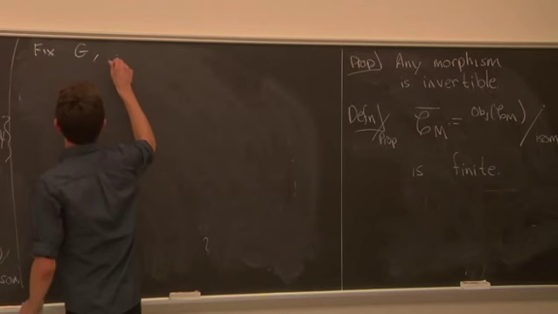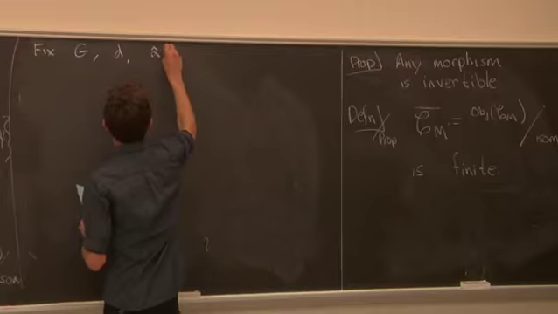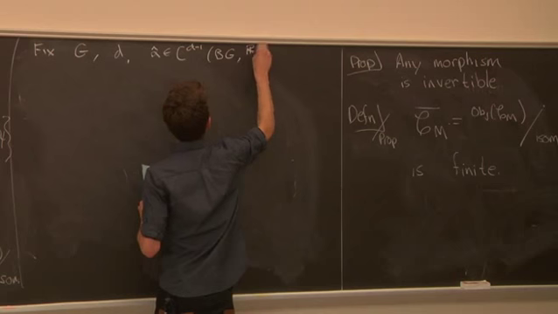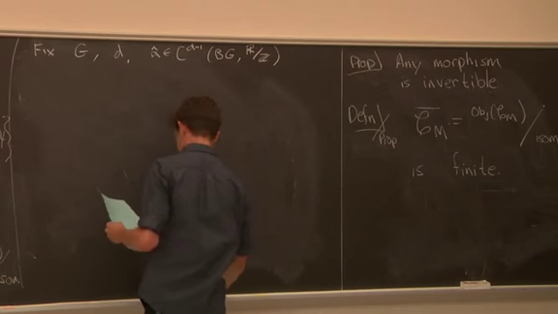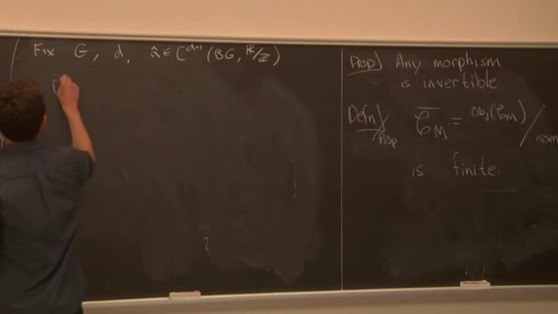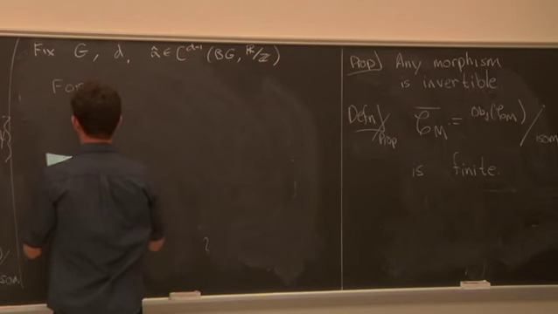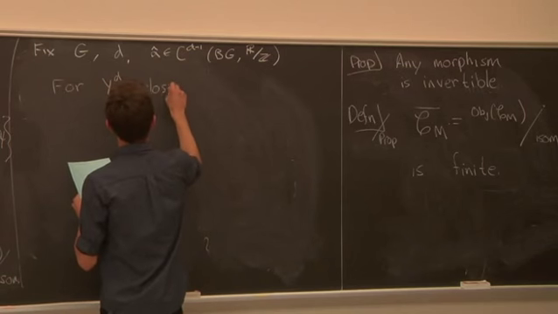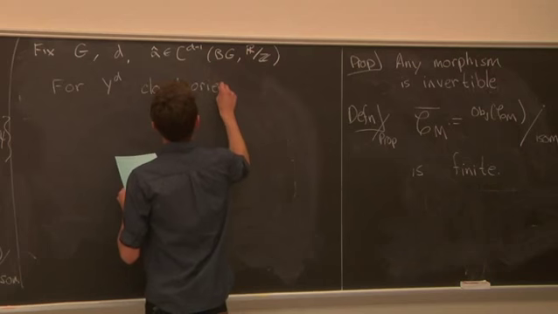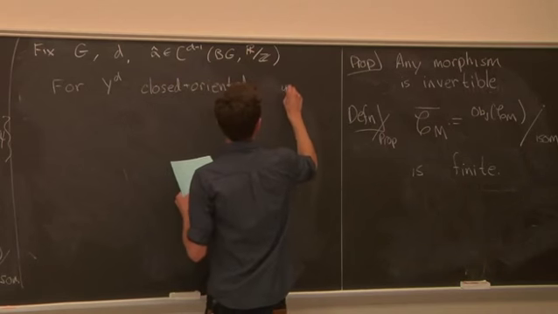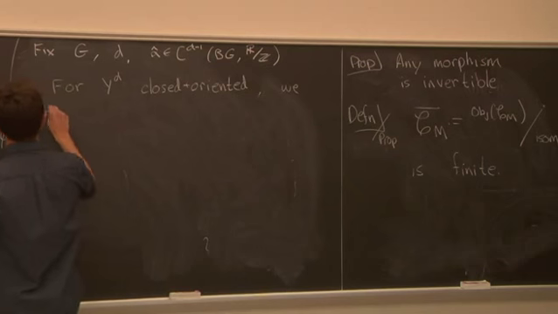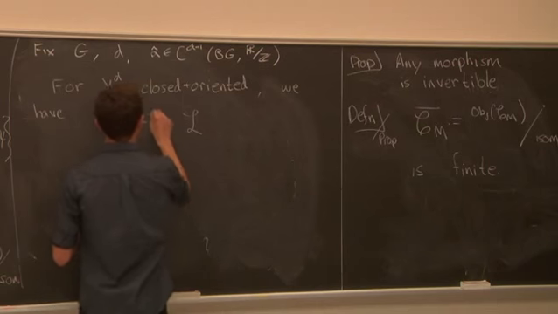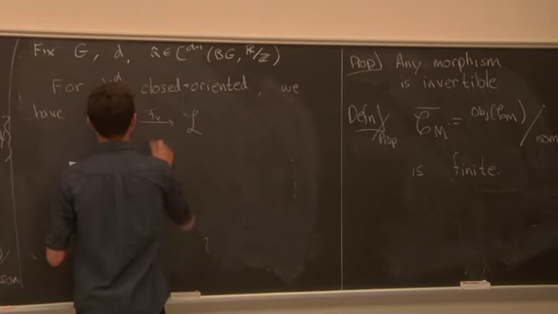So fix a finite group, a dimension, and an appropriate cocycle. Okay, so now I want to figure out how to assign a vector space to closed oriented D manifolds. So first remark that we have this functor from bundles over Y to complex lines.